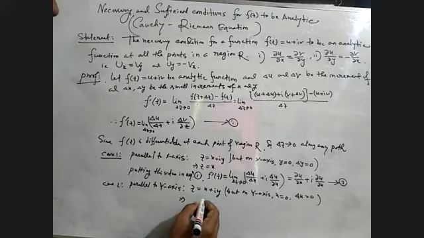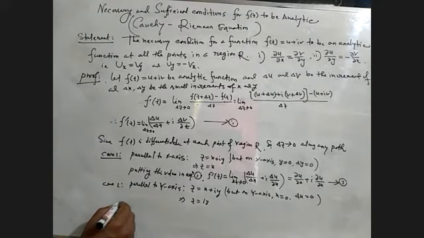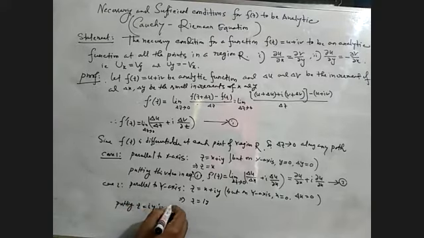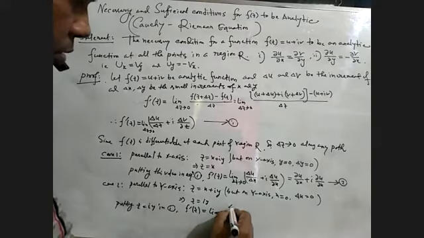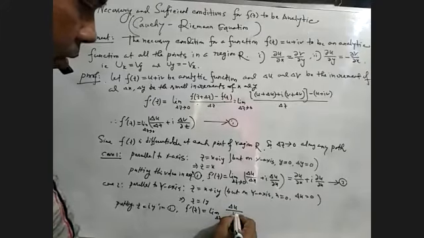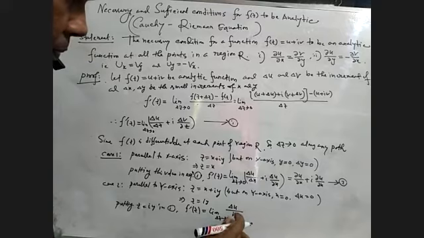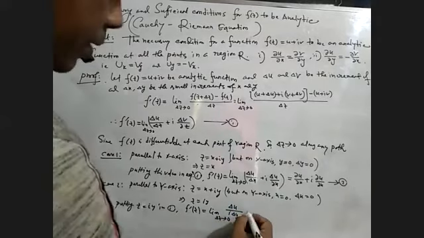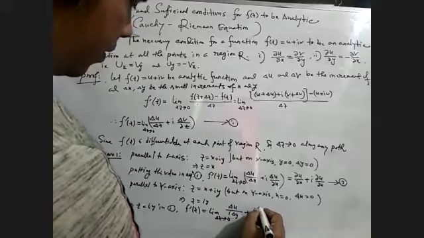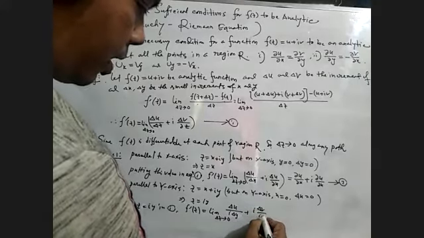So putting x equals 0, we get z equals iy. Putting this in equation 1, we get f dash z equals the limit as del z tends to 0 of del u by i del y plus i del v by i del y.